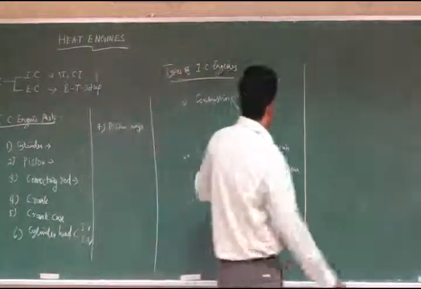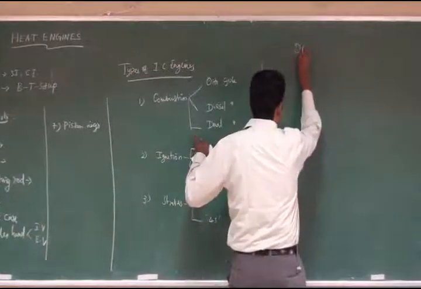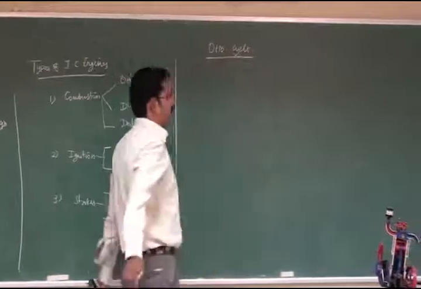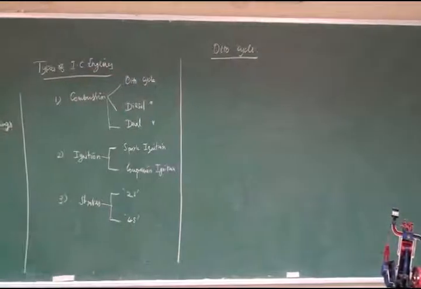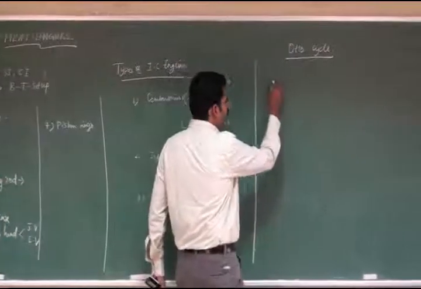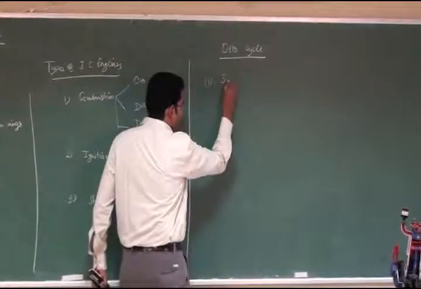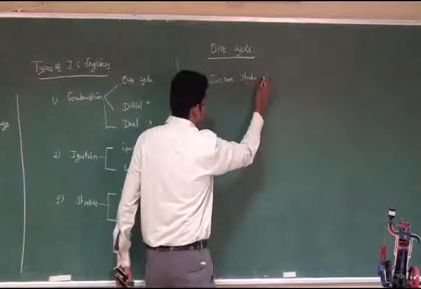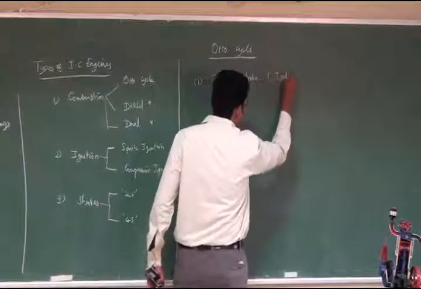Now in our syllabus, the first one we have is the Otto cycle. Now we are going to see the working principle of the Otto cycle. Otto is an inventor's name. The Otto cycle consists of four strokes. One is the suction stroke, or induction stroke.